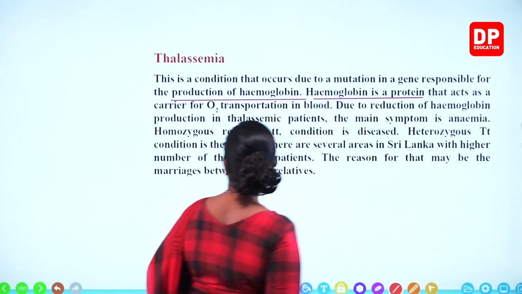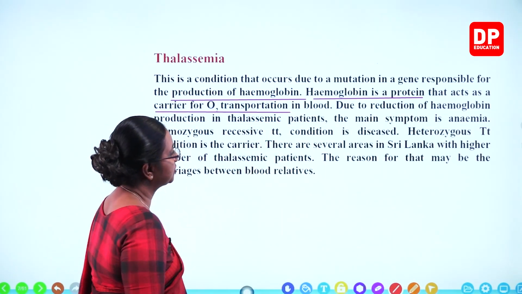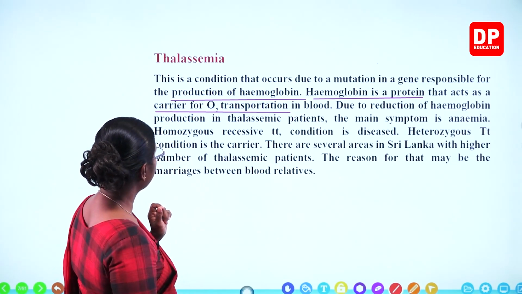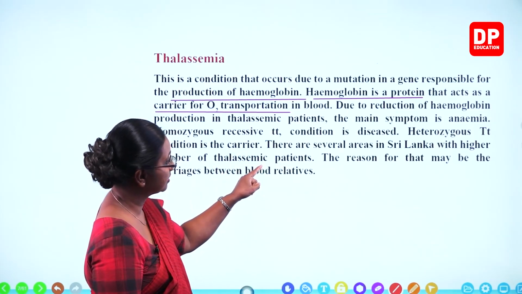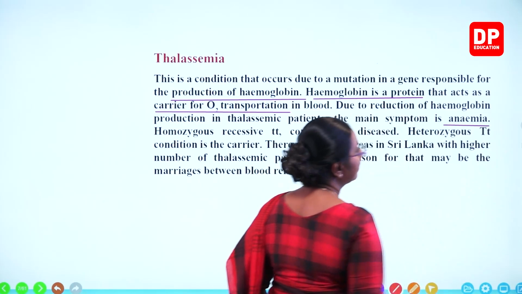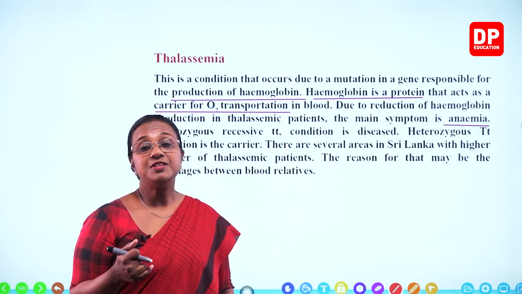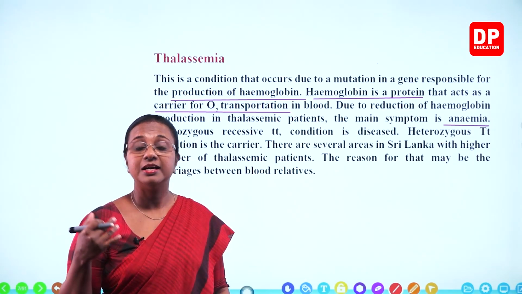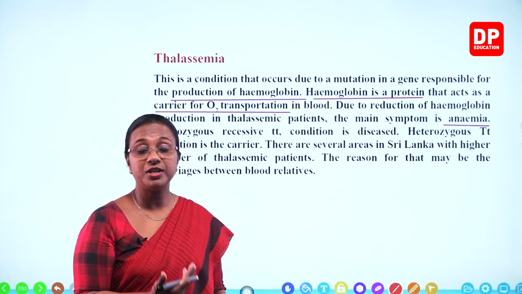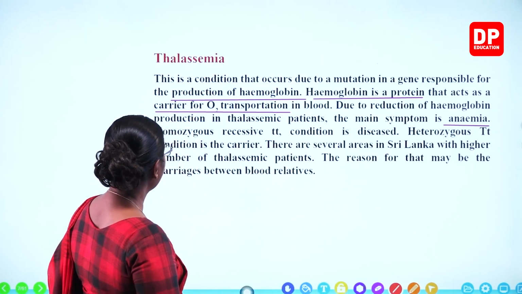Hemoglobin is a protein that acts as a carrier for oxygen transportation in blood. Due to reduction of hemoglobin production in thalassemic patients, the main symptom is anemia. You all know what anemia is. Even if there is iron deficiency, there is anemia. Again, not enough hemoglobin, and the transportation of oxygen is retarded. So the main symptom is anemia.